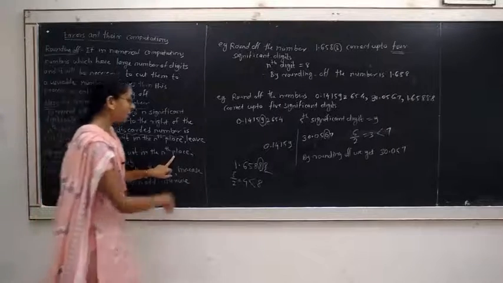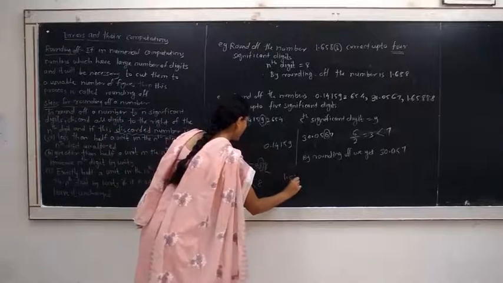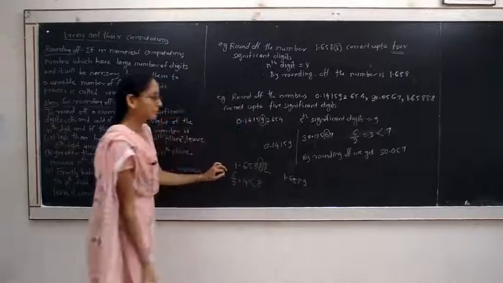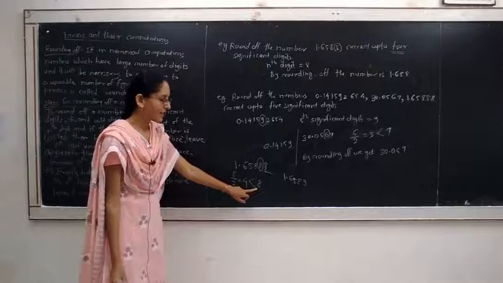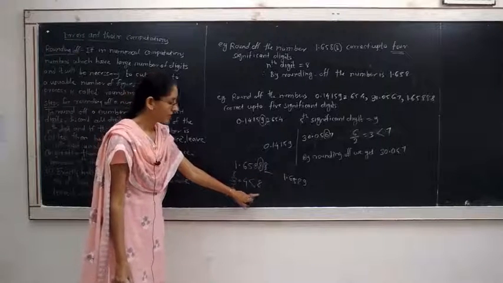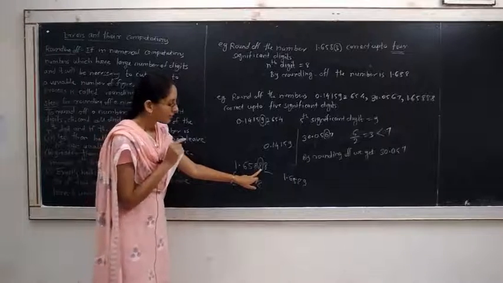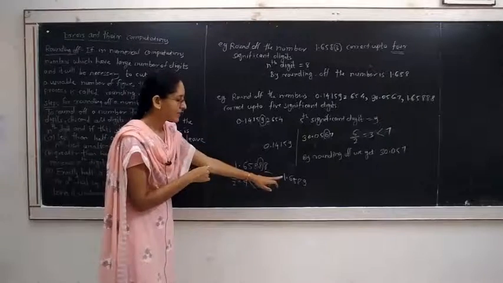Hence, after rounding off this number, we will get 1.6589, because half of the unit in the nth place is less than the discarded number, which is 8. Hence, we have to add 1 to the significant digit which is present at the fifth place. 8 plus 1 is 9.